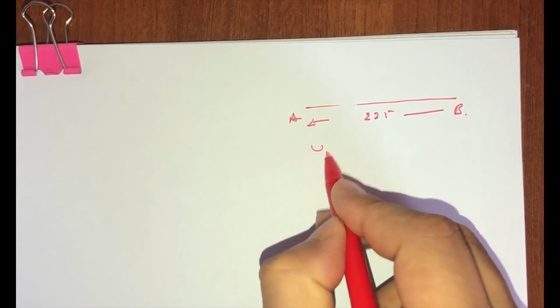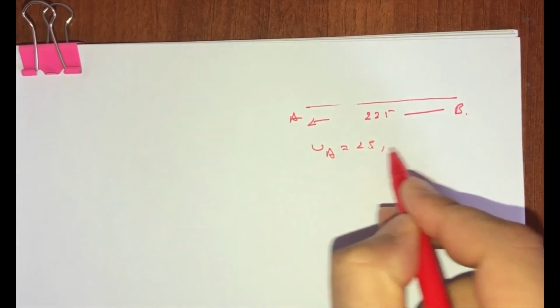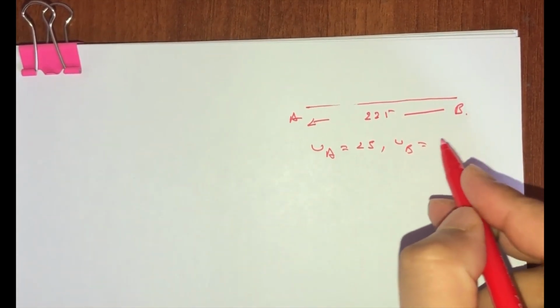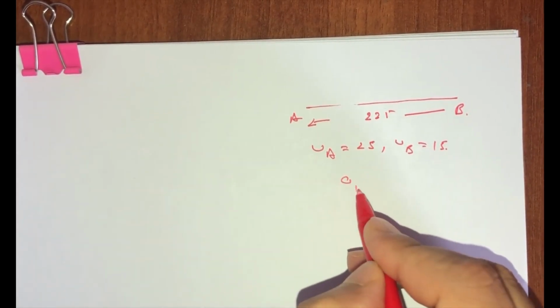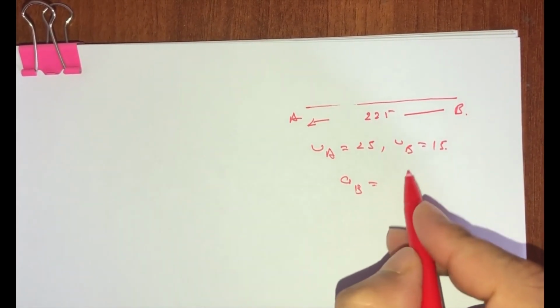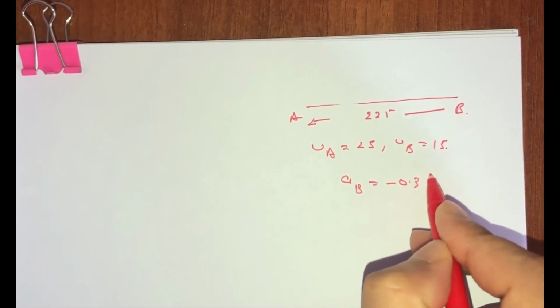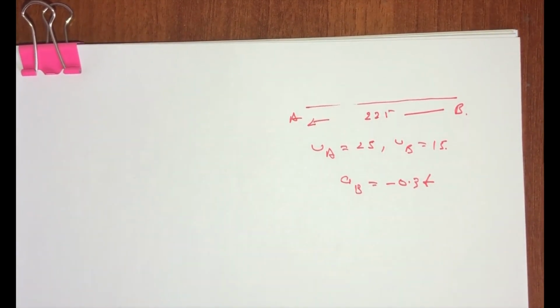Velocity of train A is 25 meter per second. Velocity of B is 15 meter per second, and the deceleration of B is time dependent, so we write it as linear in t. These are the things which are given.